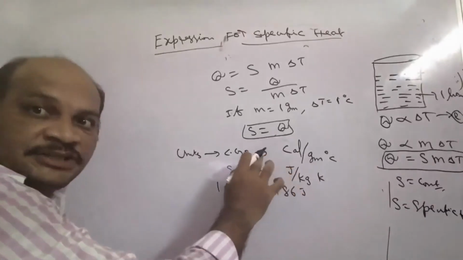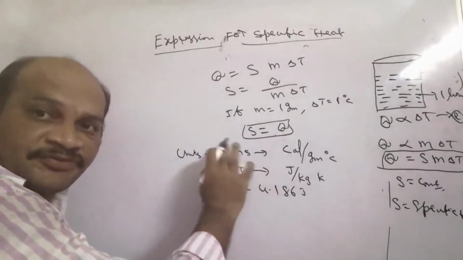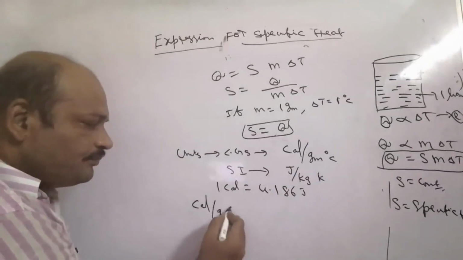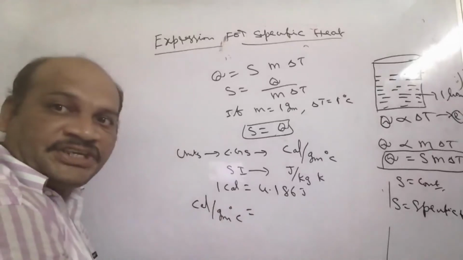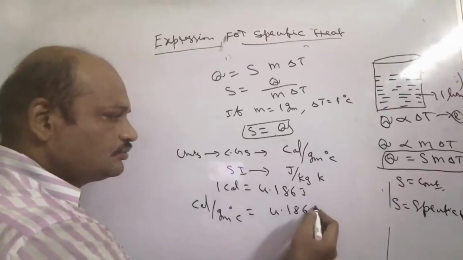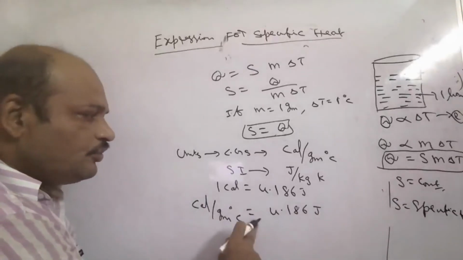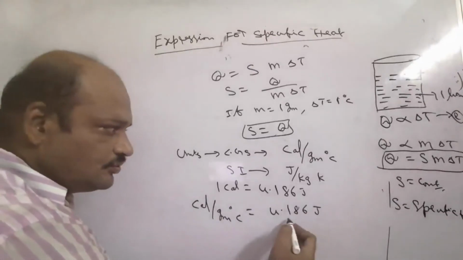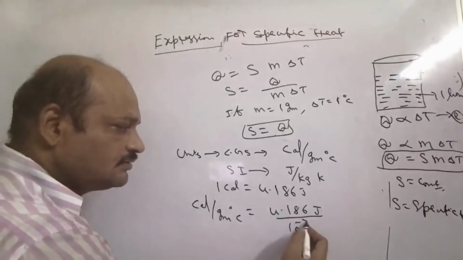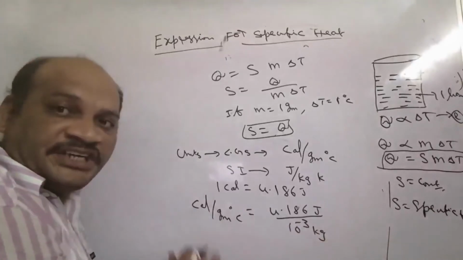Now, the relation between the CGS system and SI system of specific heat can be written as: calorie per gram degree centigrade is equal to 4.186 joule, by 1 gram which can be written as 10 to the power of minus 3 kg.